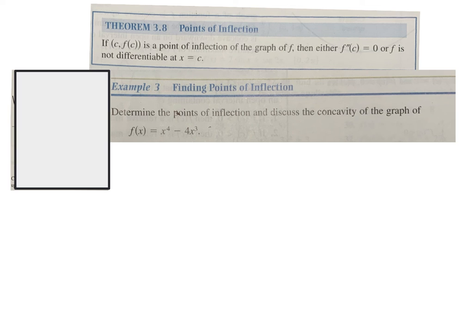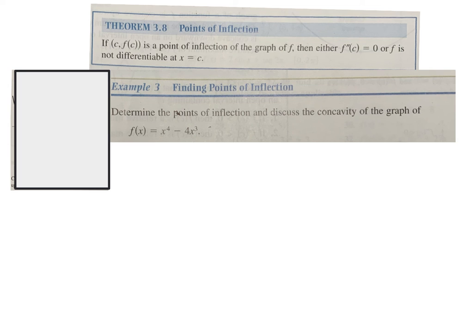If c, f of c, is a point of inflection, then it's where your second derivative is equal to 0, or it's not differentiable, it's undefined, okay? So points of inflection are like the second derivative of critical points, if that makes sense. Critical points are where your first derivative is equal to 0 or undefined, right?